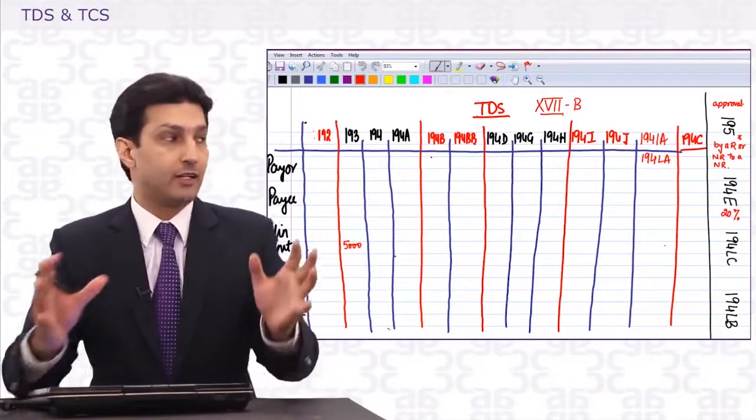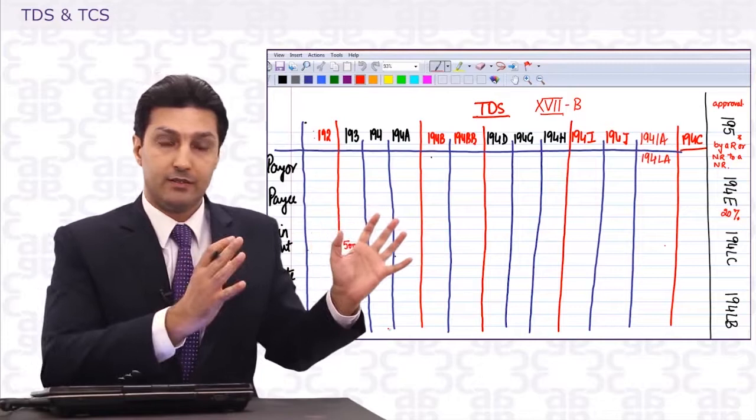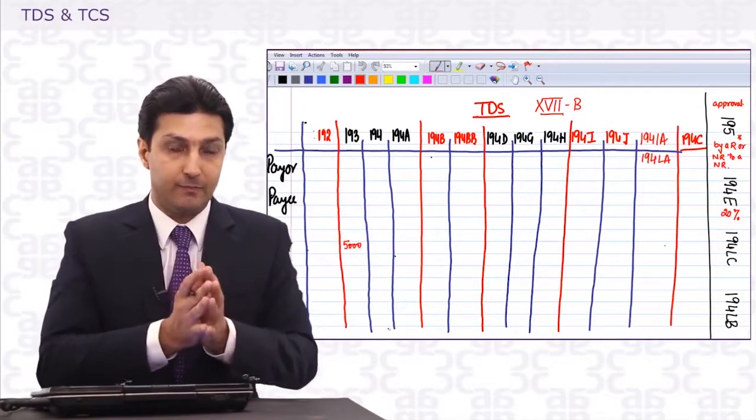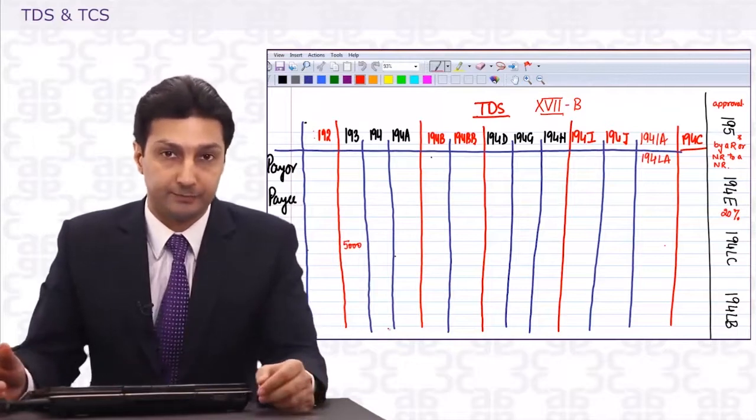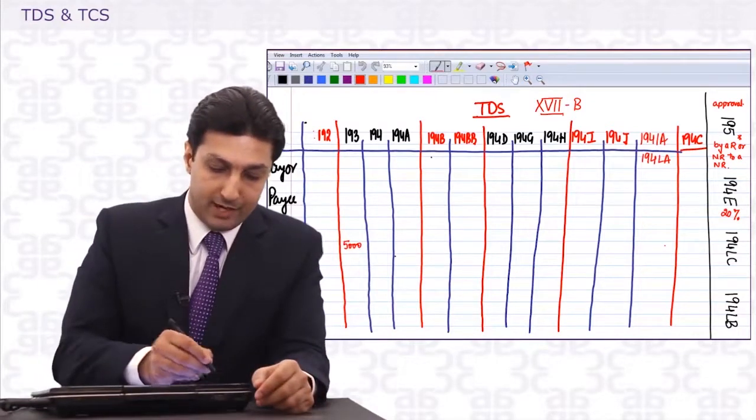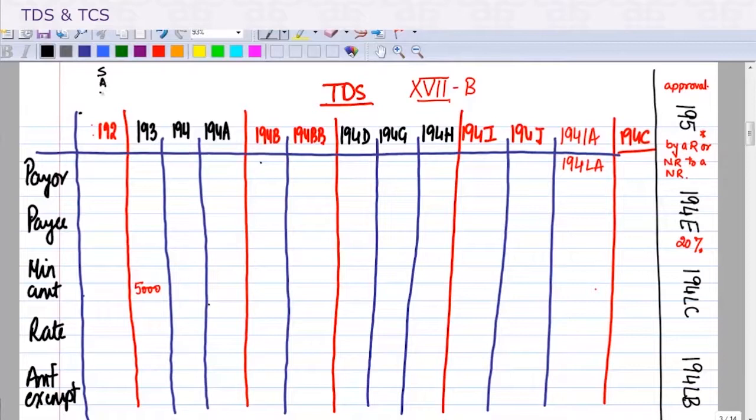Now I'm going to concentrate on the ones which are the main ones. There are more, yes, but we are going to look at the important sections here. Section 192 talks about TDS on salary.